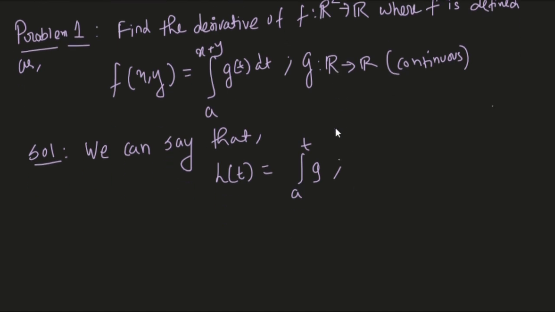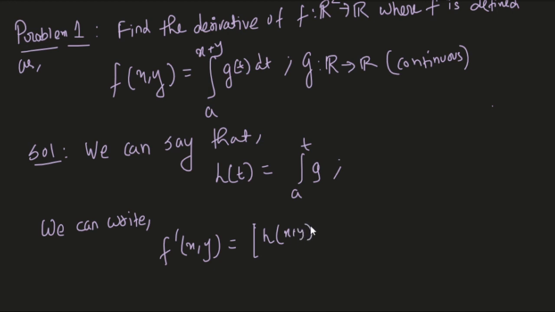So what we can do here is write f prime of x comma y as, firstly, we are going to find this h of x plus y's derivative.